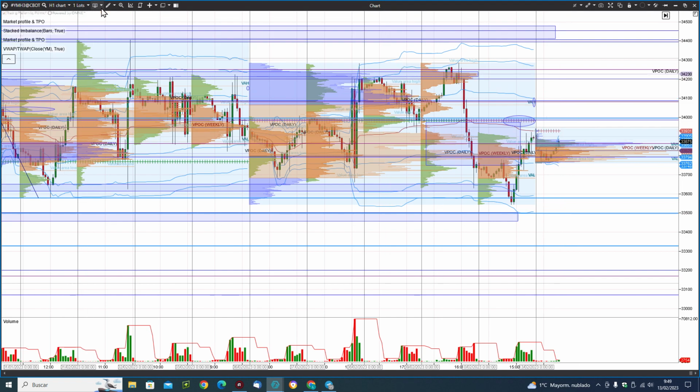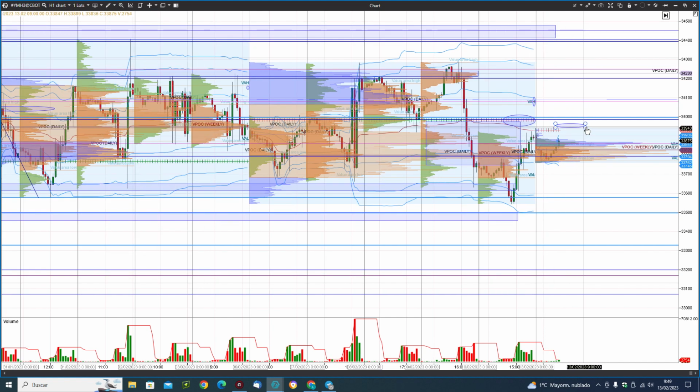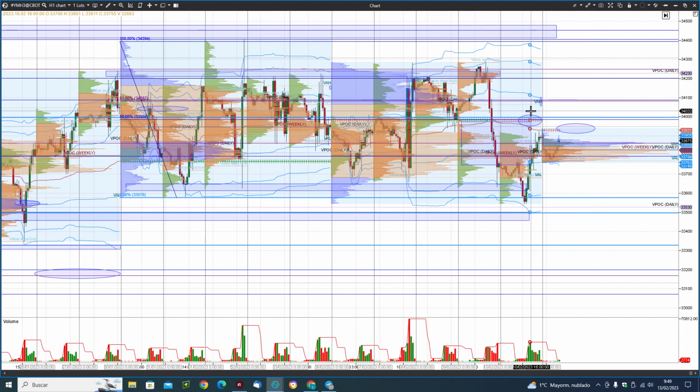These are the two first targets, and the third target will be this price action zone, very close to the maximums of these two last weeks.